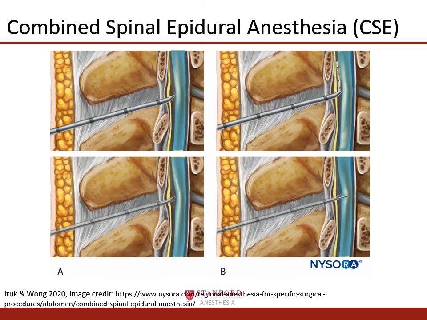The dose for spinal anesthesia at our institution includes 12 milligrams of hyperbaric bupivacaine, along with 15 micrograms of fentanyl and 100 micrograms of morphine to provide prolonged analgesia postoperatively.